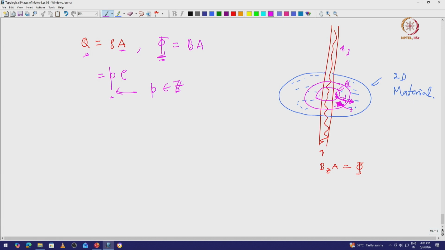So, essentially, let me draw it better. In this region, with this much of solenoid, and in this area I had some P amount of charge, and in this area I had P plus 1, and so on.